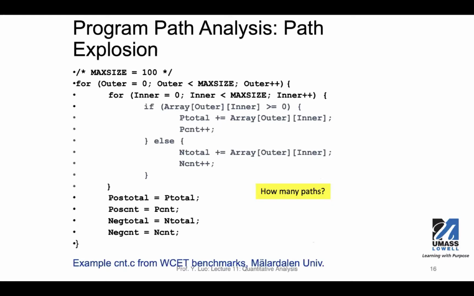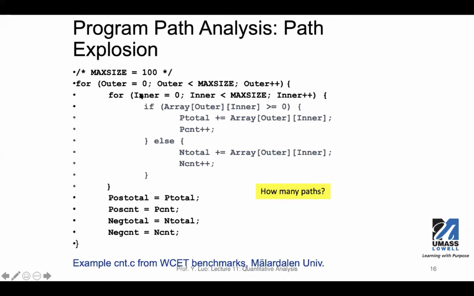Now, before we do anything, let's look at this interesting example. This is where we can possibly use program path analysis. So we have a few lines of code, and we have nested for loops. We have an outer for loop for 100 iterations, and an inner for loop for 100 iterations.